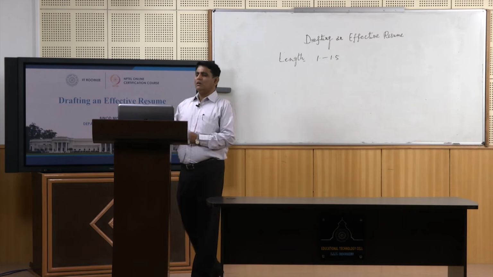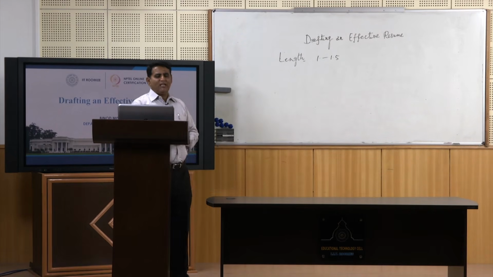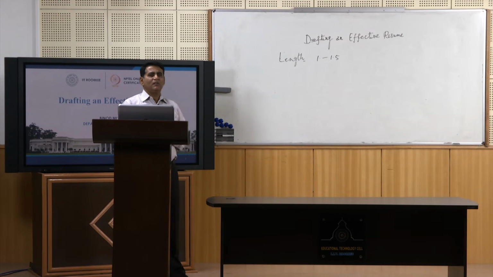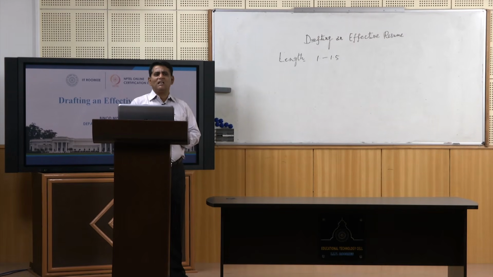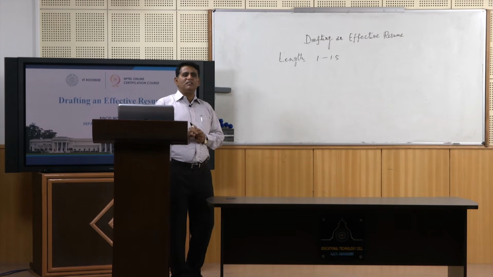Now, when we talk about an effective resume, the point where I stopped in the previous lecture was to understand what were the several do's and don'ts for us to know before we drafted a resume. Now, many people are not clear about their objective statement. What do I mean by objective statement?